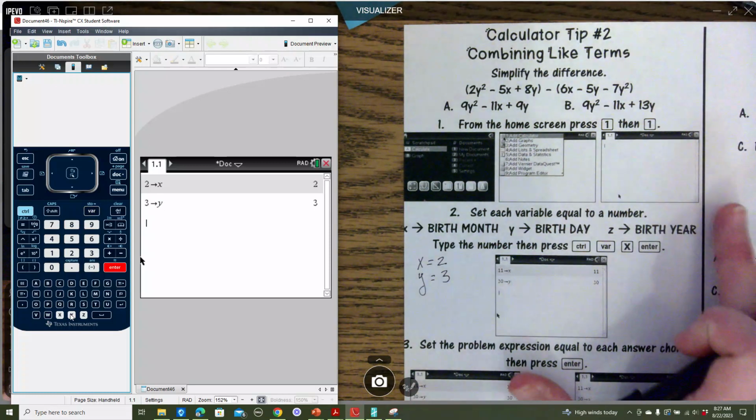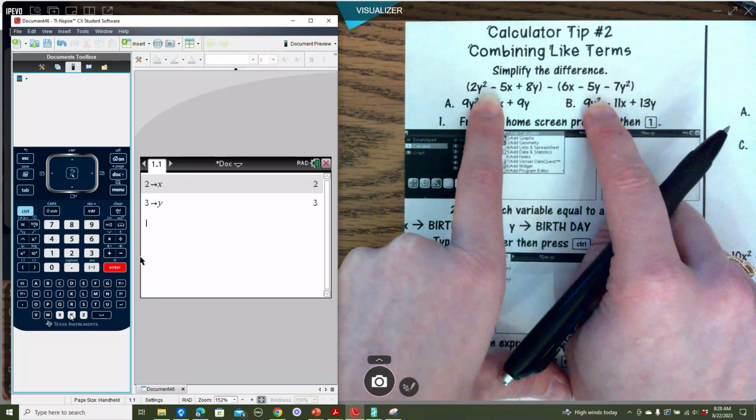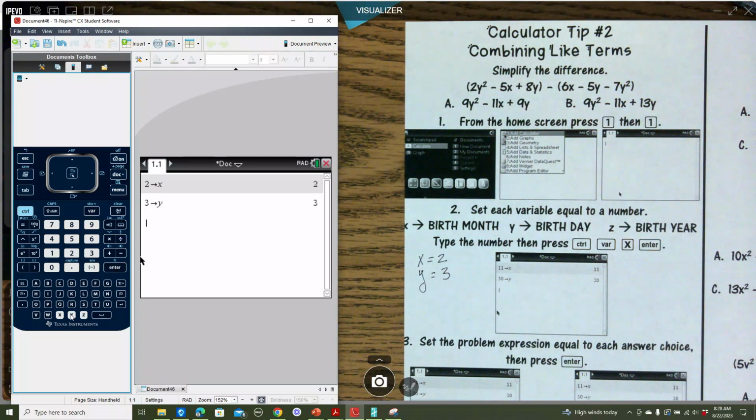Okay, so if it's multiple choice, here's what you do. You take the expression that they give you and you type it in exactly like they have it. So 2y squared minus 5x plus 8y, parentheses and everything.